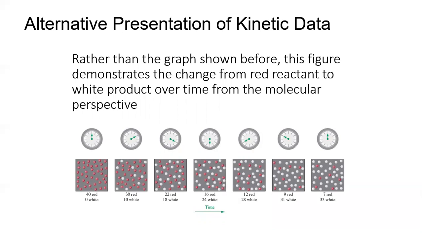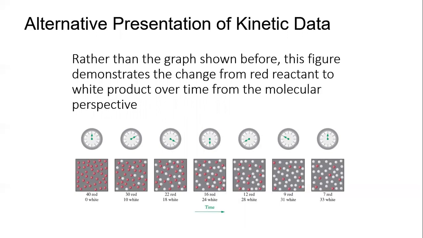So we want to show you what happens with kinetics as time progresses. So here we have this chemical reaction involving red molecules, and over time we start to produce more and more white molecules, and eventually the solution may change from red to a colorless solution, and that would indicate that all the red molecules have been consumed.